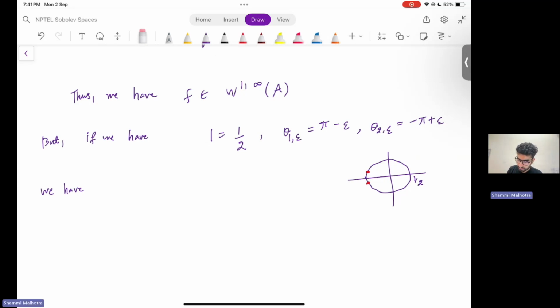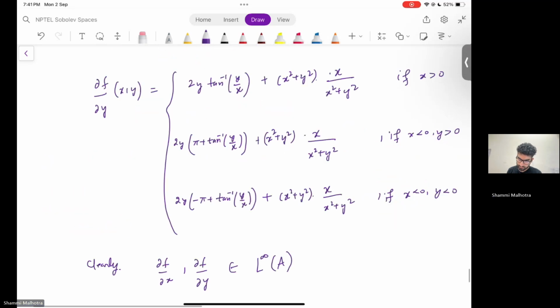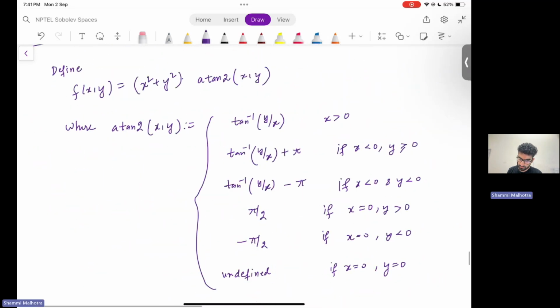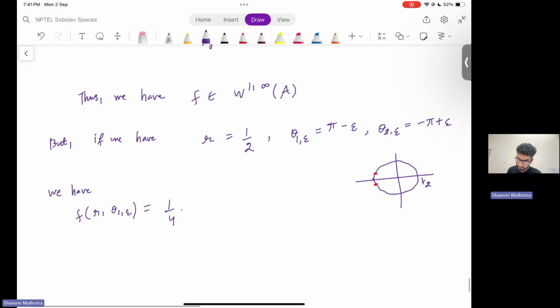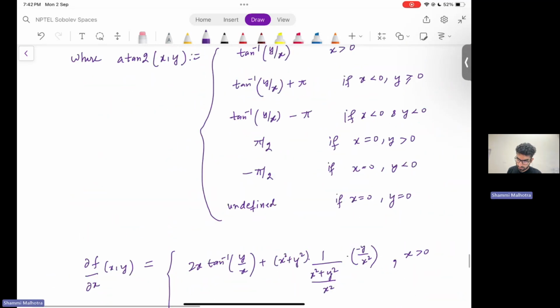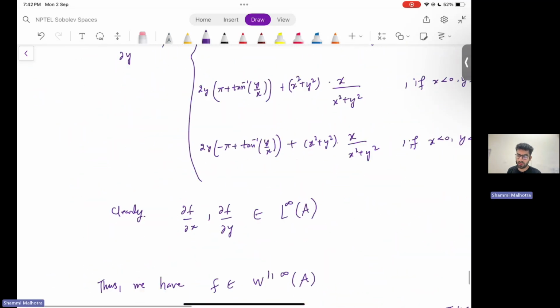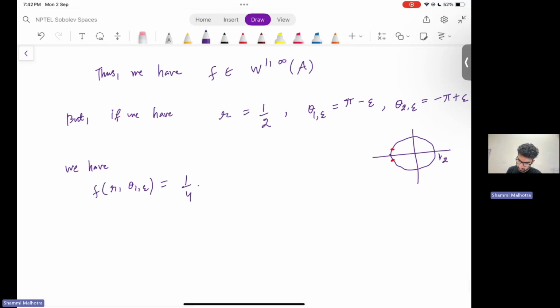So it is better to write this from r. We have f of r, theta 1 epsilon, which is nothing but x square plus y square, so this is 1 by 4 times atan2 of x, y, which just gives you the angle. This is pi minus epsilon.